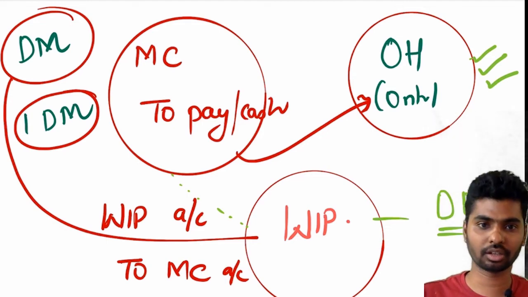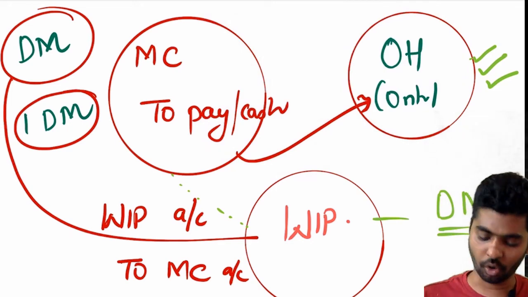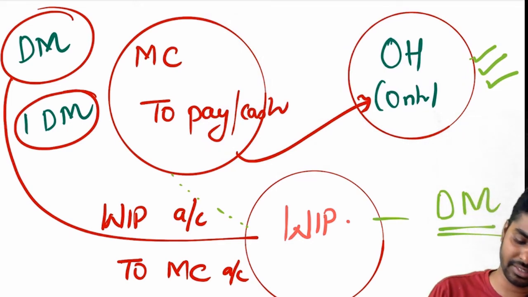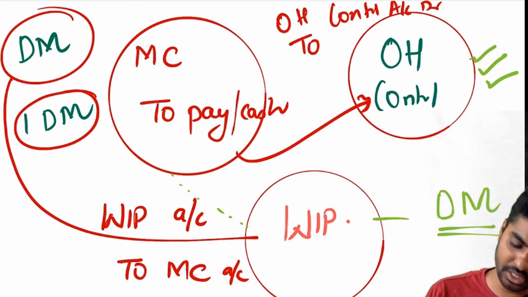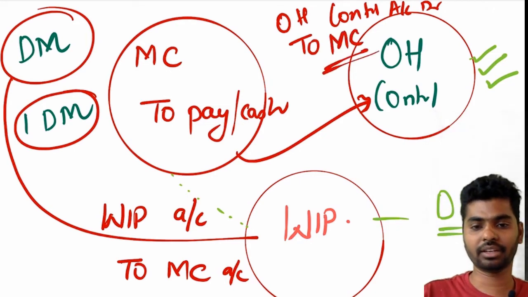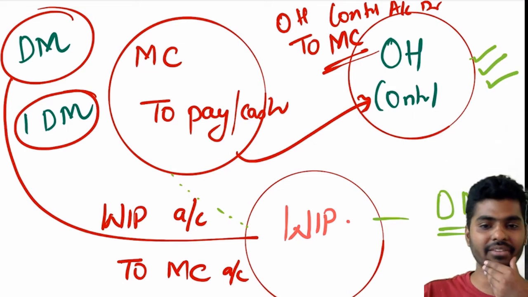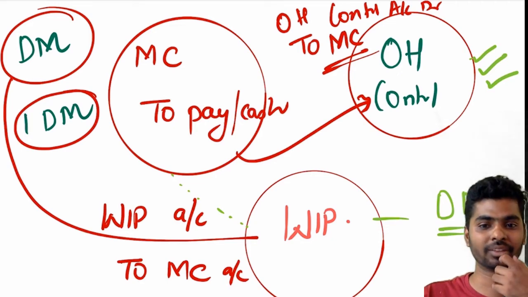Now who's the receiving department? Overhead control account debit to which department? MC account. Fine. Does anyone have any issues now? Especially Bhavna, you said you got confused with it. Are you fine with this?